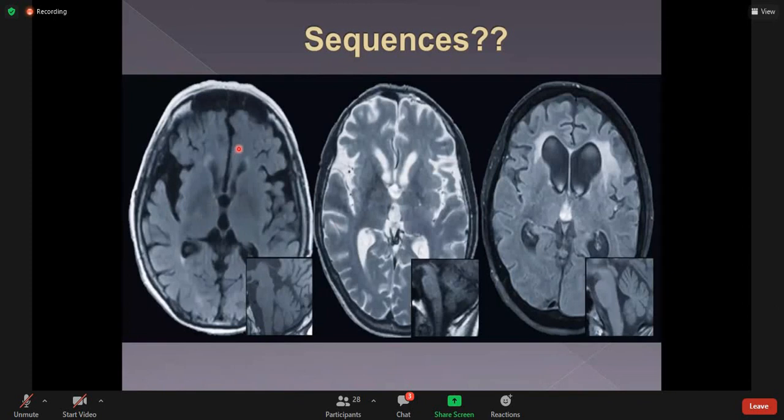Again, there's fluid is black, fluid is white. There is also fluid is black. Gray matter gray. White matter is dark.